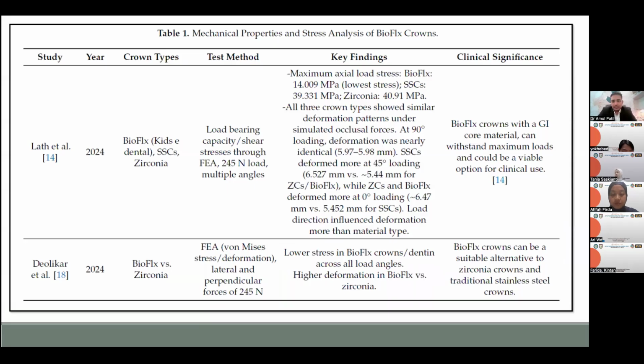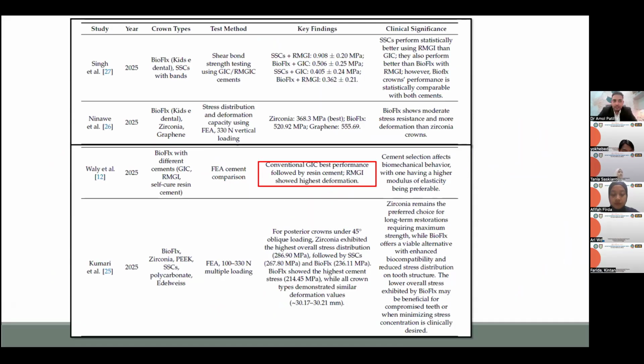There are multiple clinical trials done in 2024 by Dr. Latha, Dr. Devlikar, then by Dr. Singh in 2025, then Ninave. There was one significant publication in 2025 by Dr. Valley. She stated that conventional GIC gave the best performance, followed by resin cement, when used as a cementing medium for Biflex crowns.